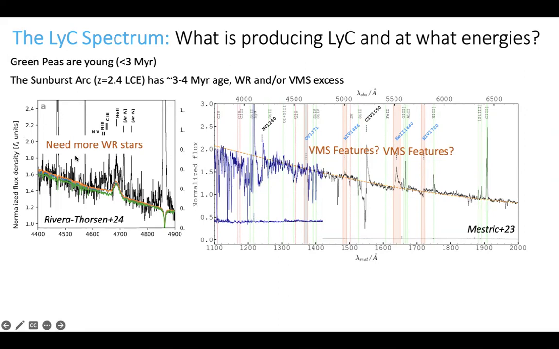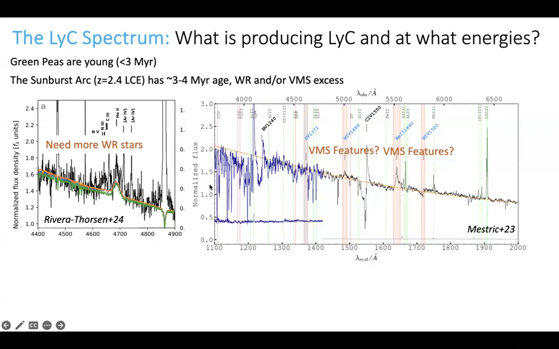This paper just came out yesterday that finds evidence for a Wolf-Rayet population in the Sunburst Arc, but finds that the models for Wolf-Rayet stars, or BPASS models or stellar population models for this galaxy, don't produce as many Wolf-Rayet stars as there seem to be. So there seems to be a need for more Wolf-Rayet stars in this galaxy than the models currently contain.